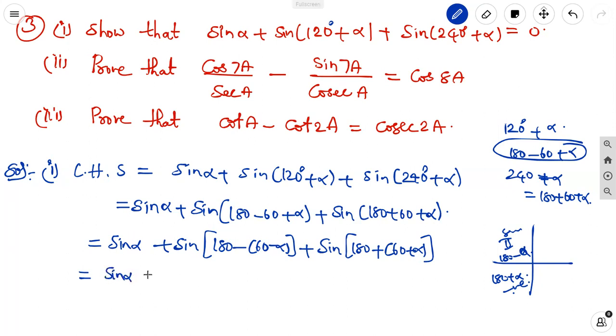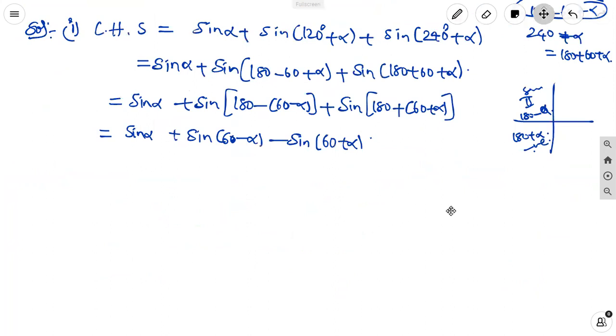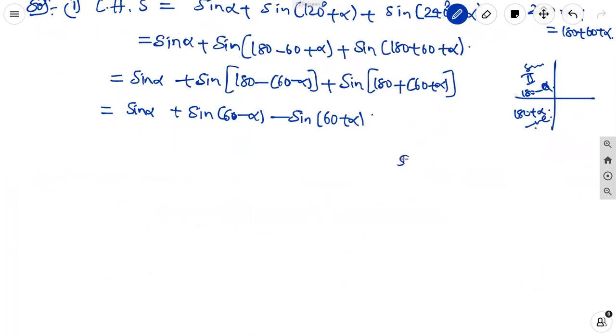Now it comes in the second quadrant. First one is as it is, sin alpha plus sin of 180 minus theta is sin theta, that is sin of 60 minus alpha. Sin of 180 plus theta is minus sin of 60 plus alpha. Now we can write it by using the sin of a plus b, a minus b form: sin a cos b plus or minus cos a sin b.